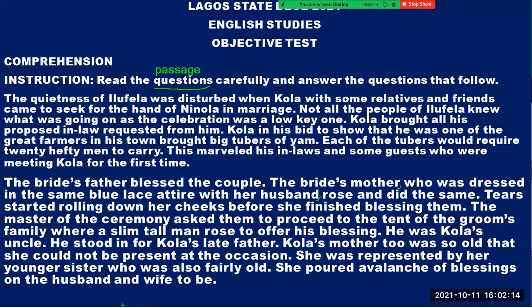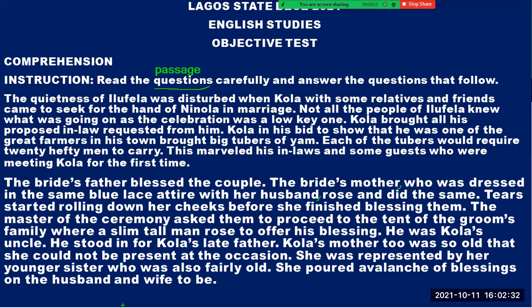So we can see the clear picture of what the passage is about. Now we can proceed to answer questions. At this junior school certificate level, the questions are simple, and most of them are factual questions.